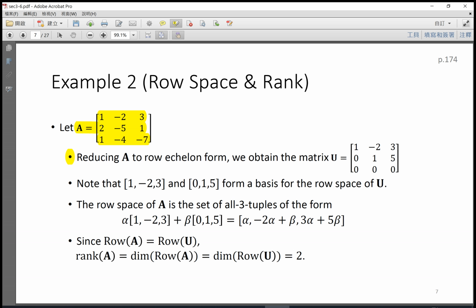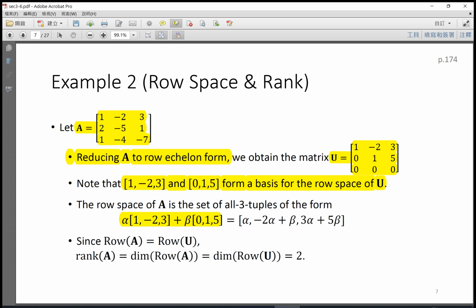To do this, let's reduce A to the row echelon form, and we obtain the matrix U. We know that the only non-zero rows are the first two rows of U. Hence, the first two rows of U form a basis for the row space of U. Since A and U have the same row space, this basis is also a basis for the row space of A. Hence, the row space of A is the set of all 3-tuples of the form alpha times the first row plus beta times the second row.